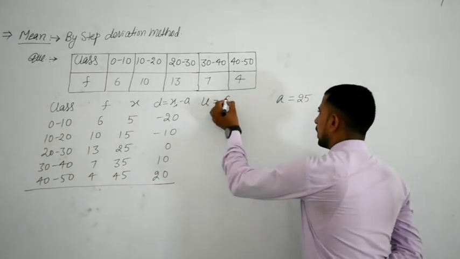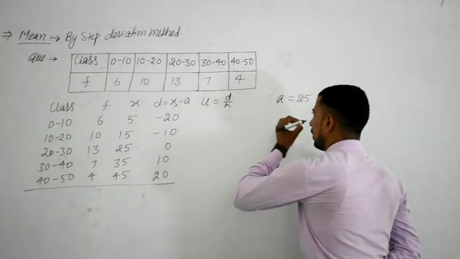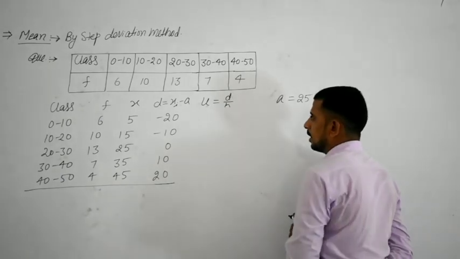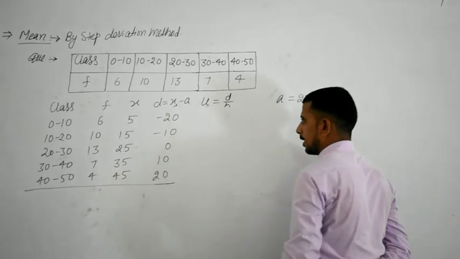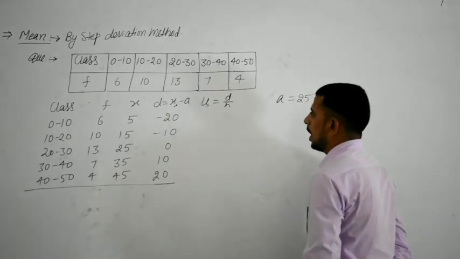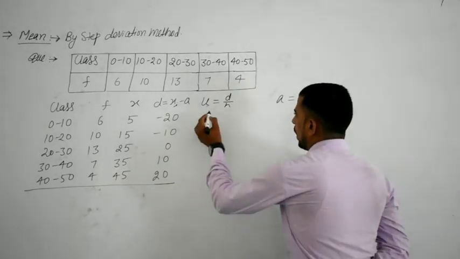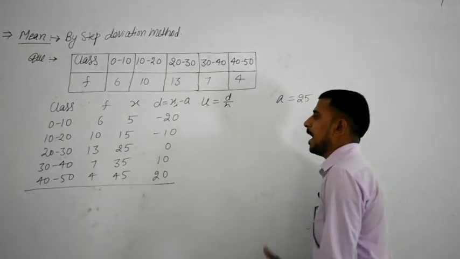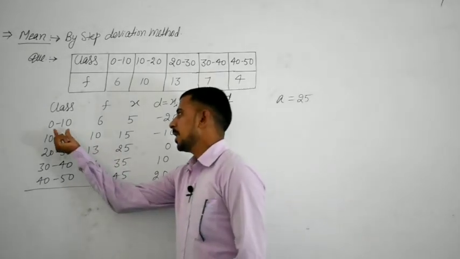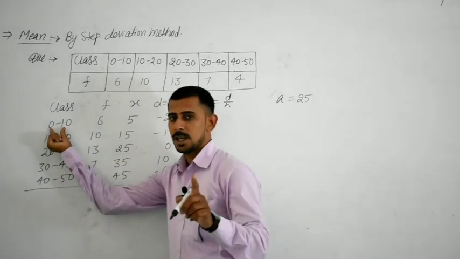U is equal to D upon H. Again listen, D is the deviation here, xi minus a. Value of u is equal to D, which is minus 20, and H is the difference between 0 to 10, which is 10.